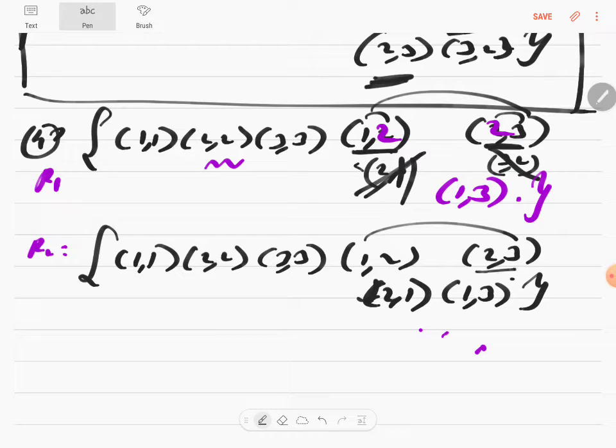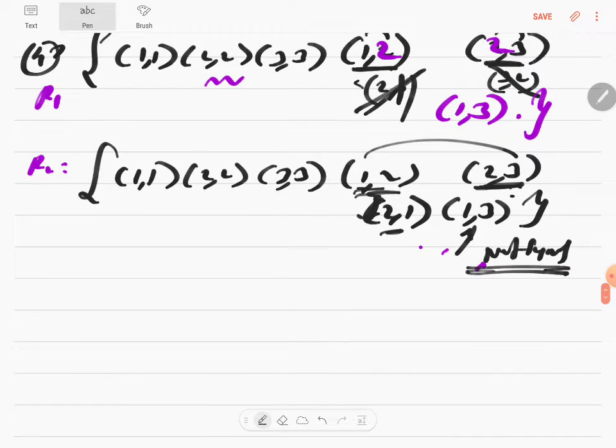The fact that (2,3) is there and (3,2) is not shows that it's not symmetric. Each and every ordered pair should be symmetric, so that saves us from trouble. Don't say that (1,2) is there and (2,1) is there, so it's symmetric. That is there, but (2,3) does not have a (3,2), and (1,3) does not have a (3,1). So it's not symmetric.